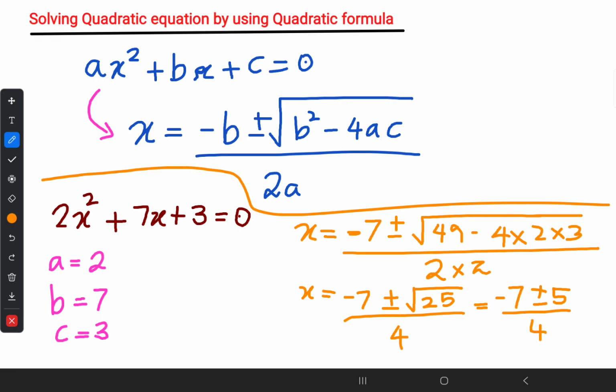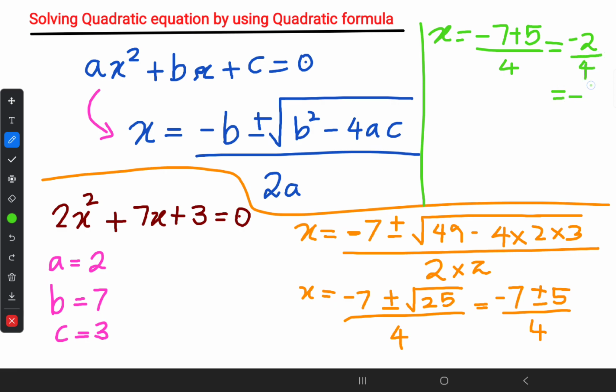Thereafter, we need to find two solutions. x will have two solutions, one with positive, another one with negative. I'll write that over here, as there is a lack of space. One solution for x would be with the positive: negative 7 plus 5 upon 4. So negative 7 plus 5 is negative 2 upon 4. It will give you negative half.